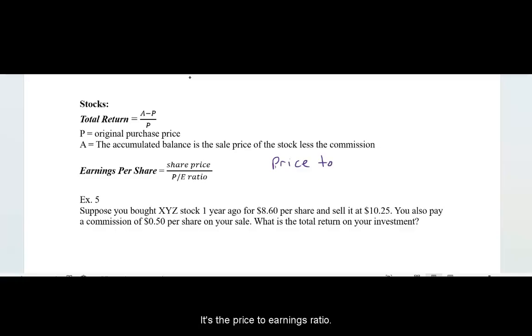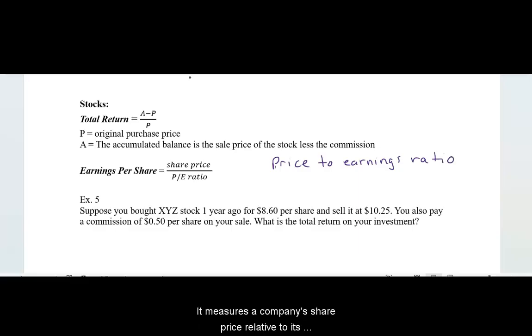It's the price to earnings ratio. It measures a company's share price relative to its earnings per share. Basically, it helps assess relative value of a company's stocks. Okay, so that's what the P to E ratio is.